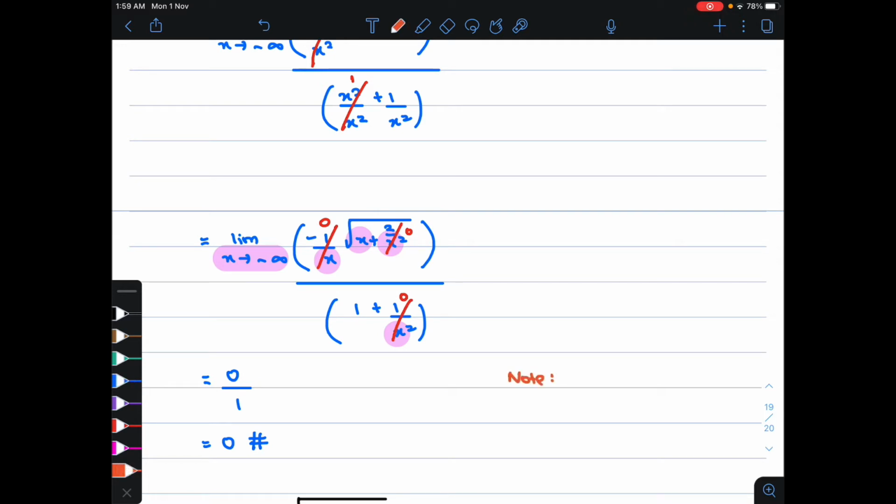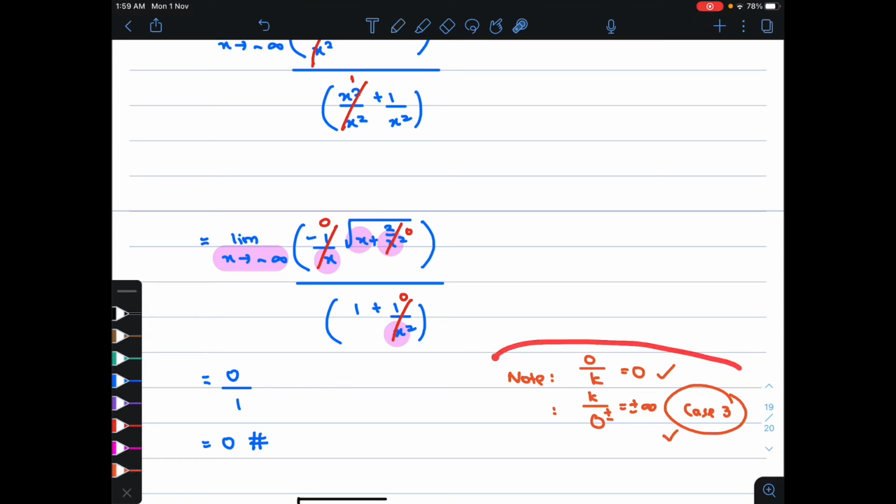Here is some note. If you have 0 divided by any constant k, that will give you 0. So that is your answer. But in this case, if you get any constant k divided by 0, please remember that this is case 3, and hence you need to determine whether this is 0 plus or 0 minus, and this will give you the final answer of positive or negative infinity.